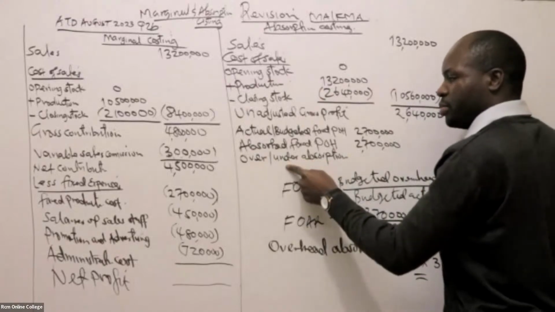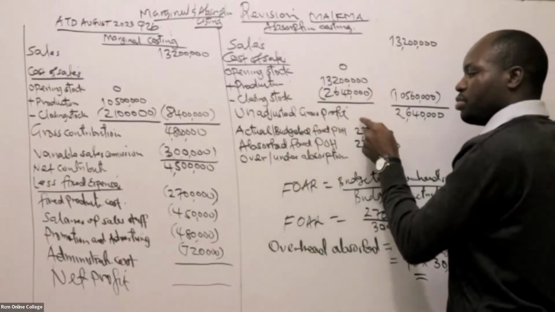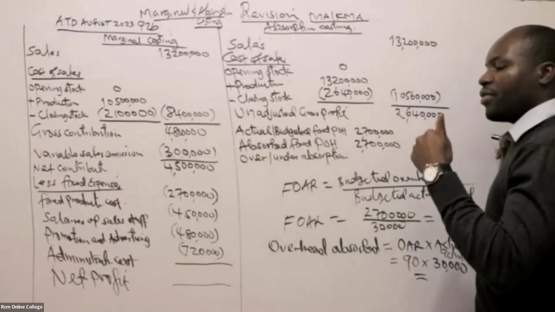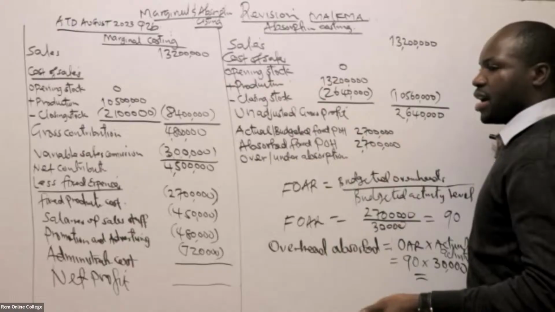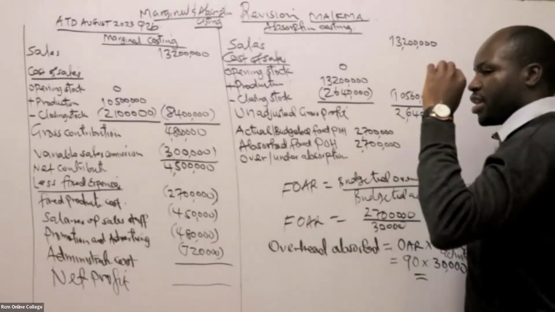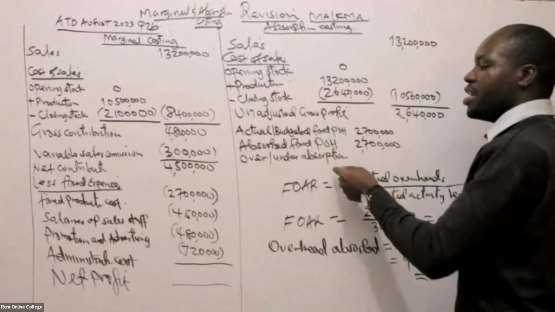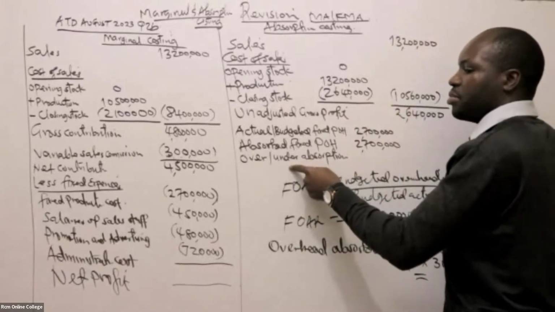When you have under absorption, the real expense is 2.7. What was absorbed is 2.4. You have understated your expense. And what happened? It will lead to exaggeration of your profit. How do I get back to the real profit? I deduct the under absorption.